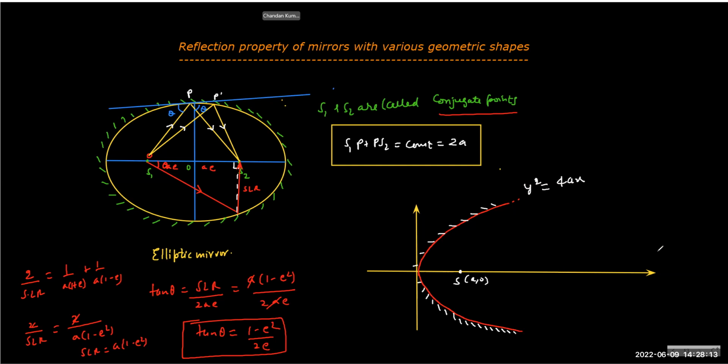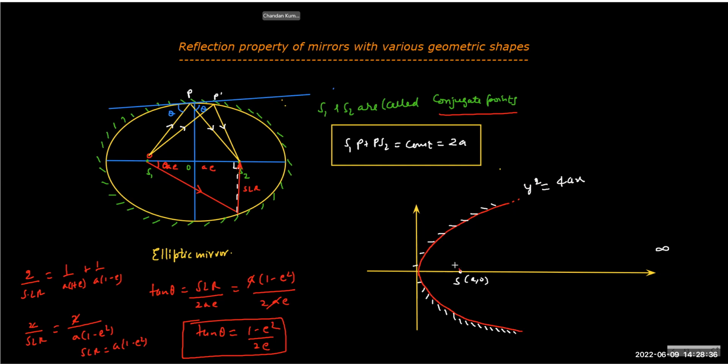The other focus is at infinity. And the property of the light ray is that if it starts from S1, it will always try to go to the conjugate point, which is S2. So in the case of a parabola, we don't represent S2 because it is at infinity, but the idea remains the same.